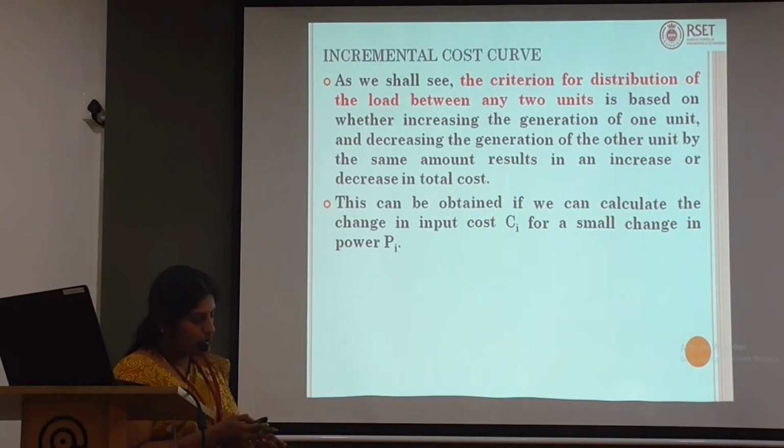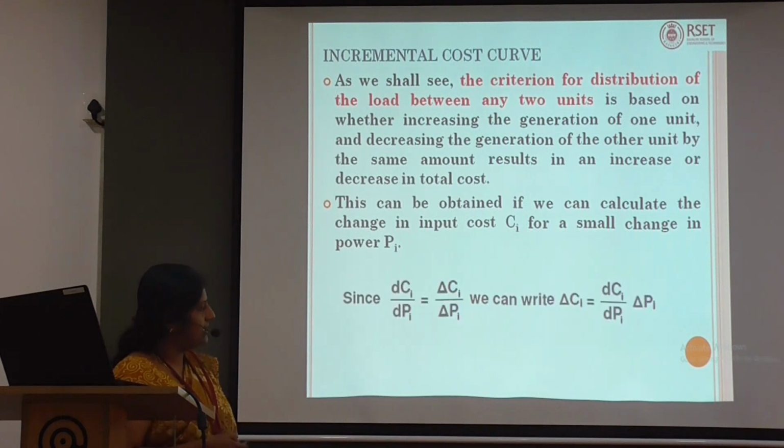So if I change the power in the ith unit, we see the corresponding change in cost of the ith unit. Accordingly, we calculate the incremental cost, which is nothing but dCi by dPi. What is the change in cost in the ith unit for a corresponding change in power in the ith unit?